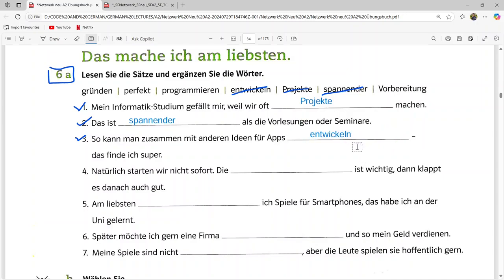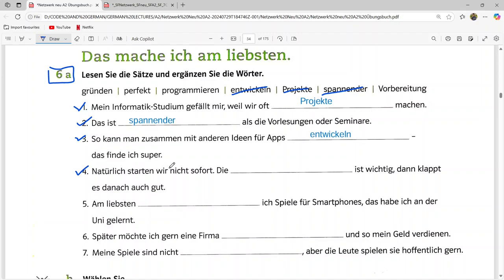So one can with others develop ideas for apps, and das finde ich super. I find it great.